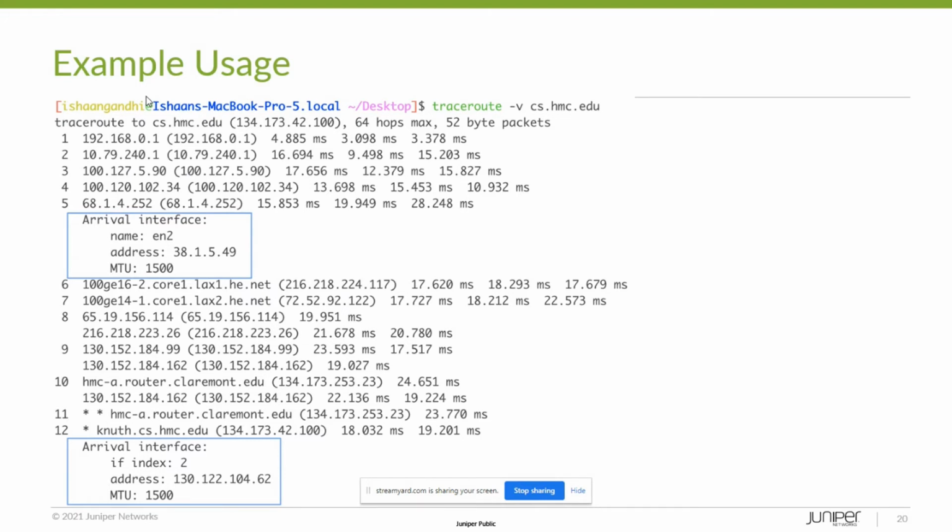And when we hit 5, we get a little extra information in the time expired message. We know that the interface arrived on EN2, its address is 381549, and its MTU is 1500. Again, on node 12, we get the same thing. And I think what you're looking at, yes, is a traceroute through some nodes at Harding College.